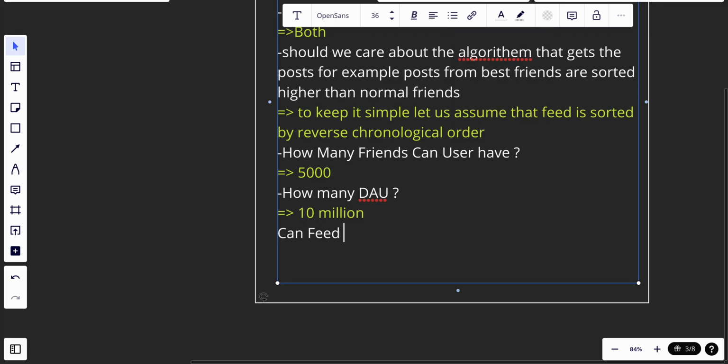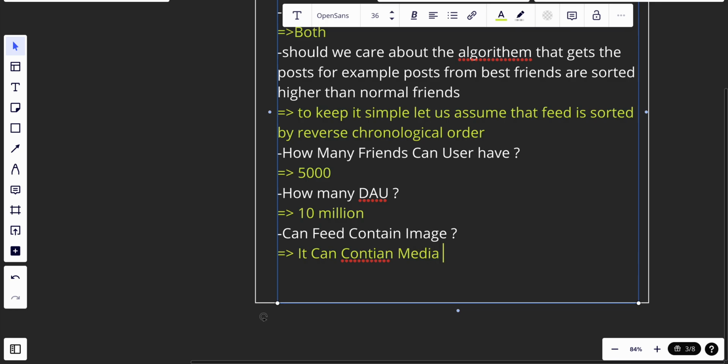Can the feed contain images? Let's assume that he will say it can contain media files, both images and videos.